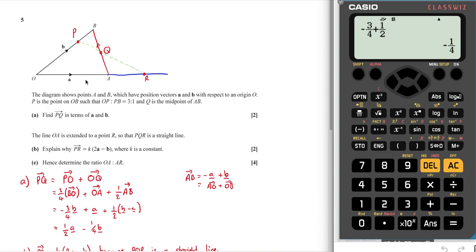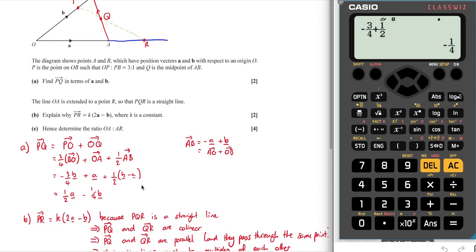Is that going to go anywhere? Because we know what OA is. OA is just A.